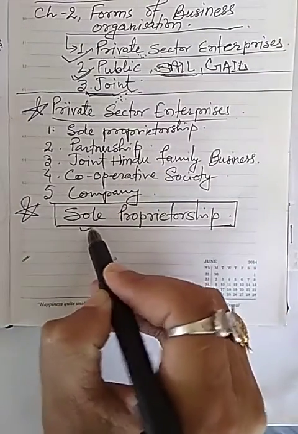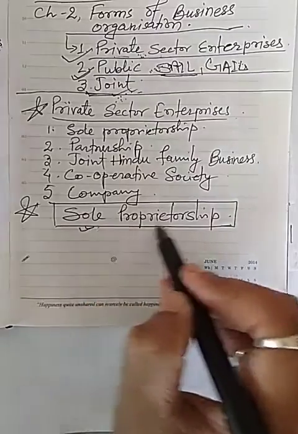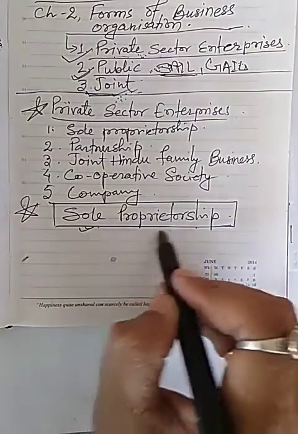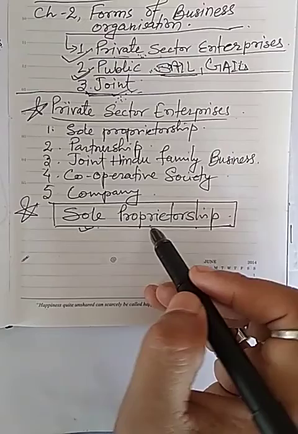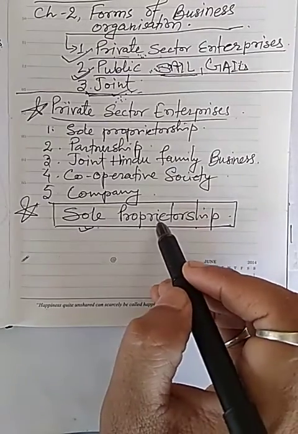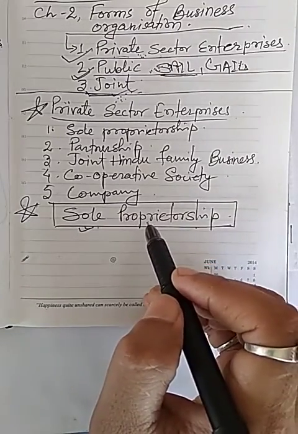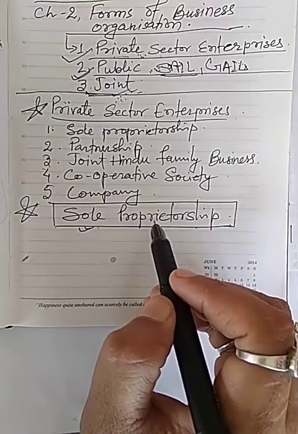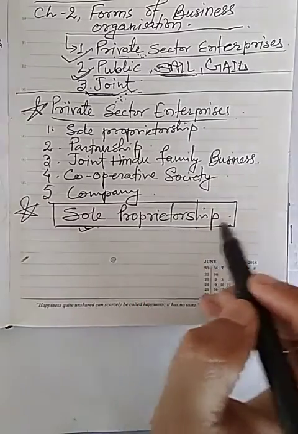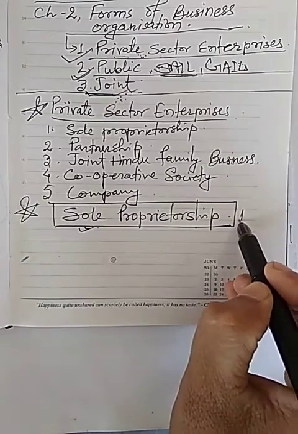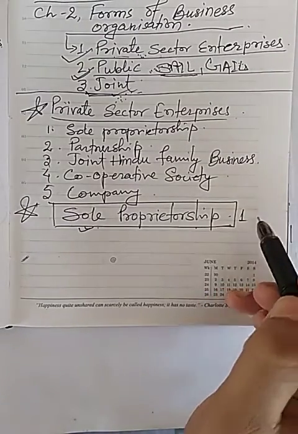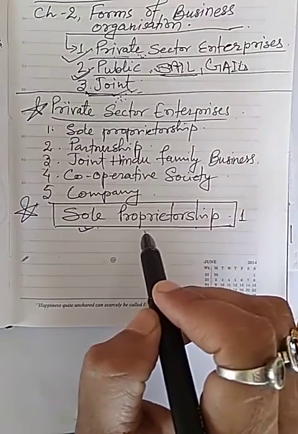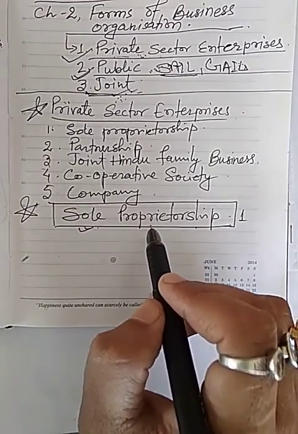Sole means one, single. Proprietor means owner, single owner, one owner. A business owned, managed and controlled by a single, meaning one individual, is known as a sole proprietor organization.